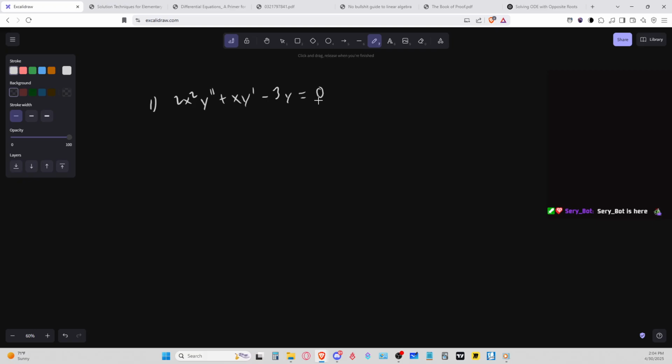What I learned is that y is supposed to equal x to something, and then y prime is supposed to be m.